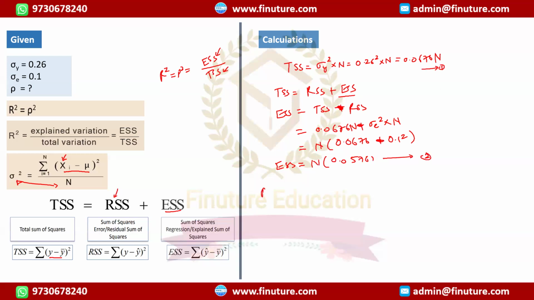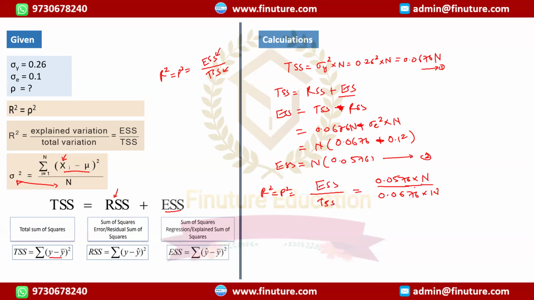Now let's calculate R square, which is correlation square, which is equal to ESS over TSS, and that's equal to 0.0576 into n, over 0.0676 into n.